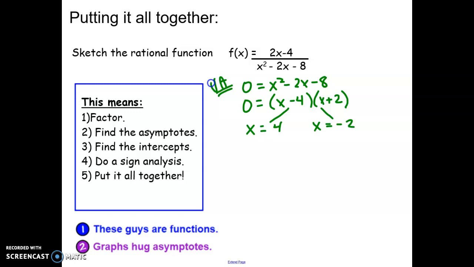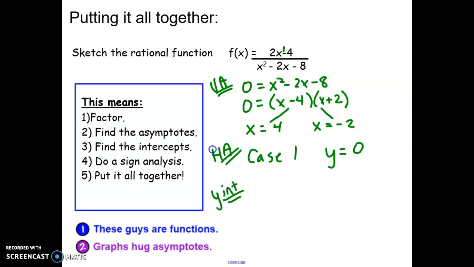Then let's look to our horizontal asymptote. Which case is this? Case 1, 2, or 3? Case 1, because the top power is smaller than the bottom power. So if it's case 1, y equals 0, or it's the x-axis. So yes, horizontal asymptote is case 1. Then let's find the y-intercept.